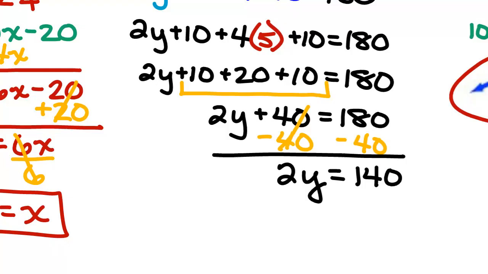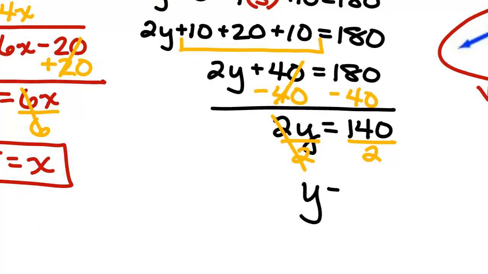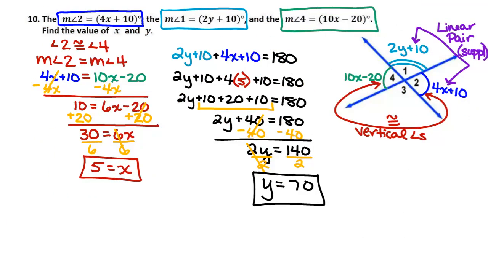And then we divide both sides by 2. What is 140 divided by 2? 70. So x is 5 and y is 70. That is problem number 10.